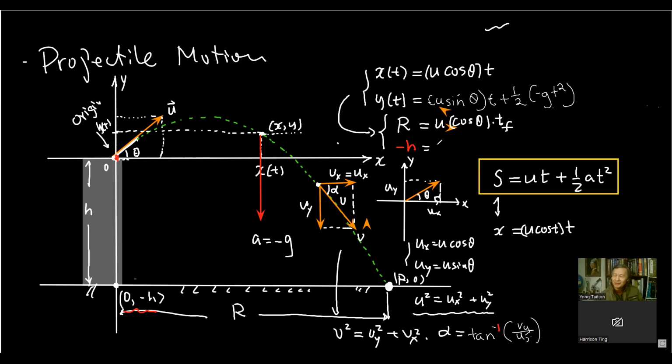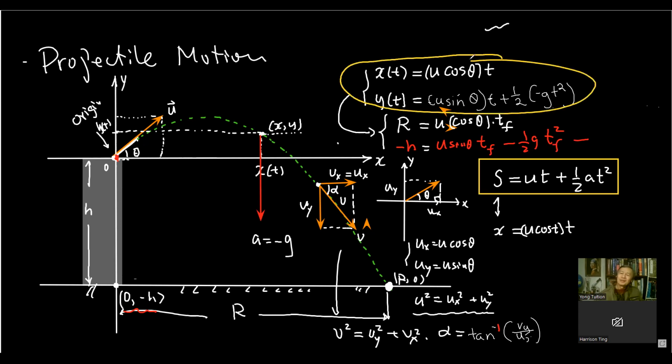So you can write this: U sine theta times flying time, and take half g, t flying time squared. Then you can solve many questions. Just use these two equations and you can solve all related questions in different scenarios. What do you think?